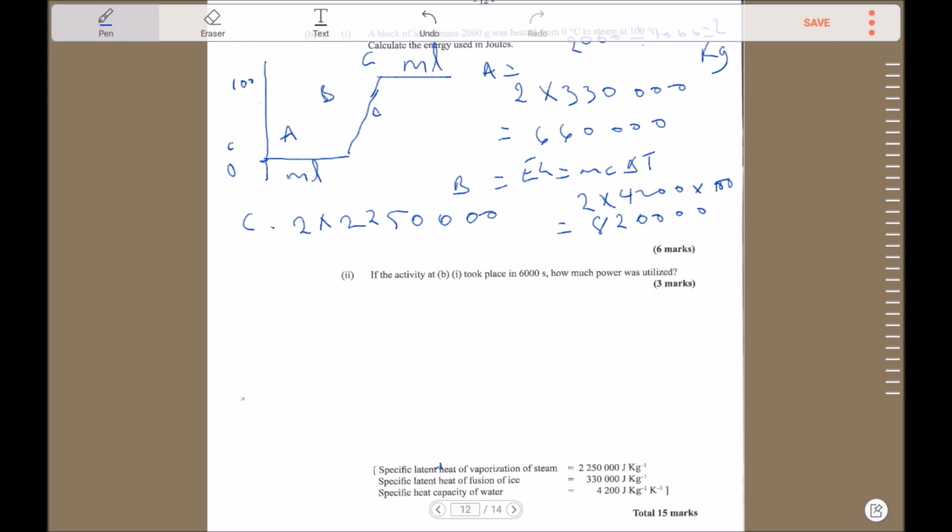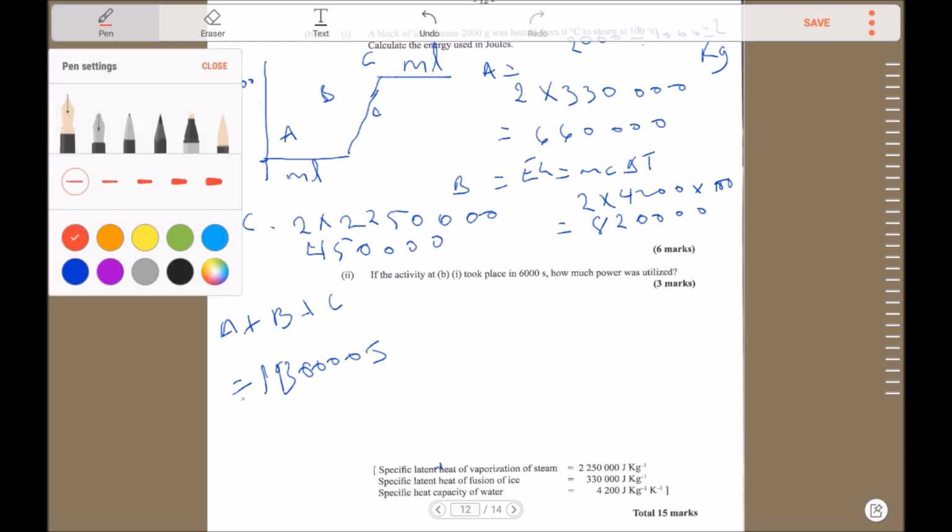So after we calculate that now, we add everything. So that is 450,000. So now we need to add A plus B plus C. So that is equal to 660 plus 8 and we get 1930, and its energy, so that's joules.